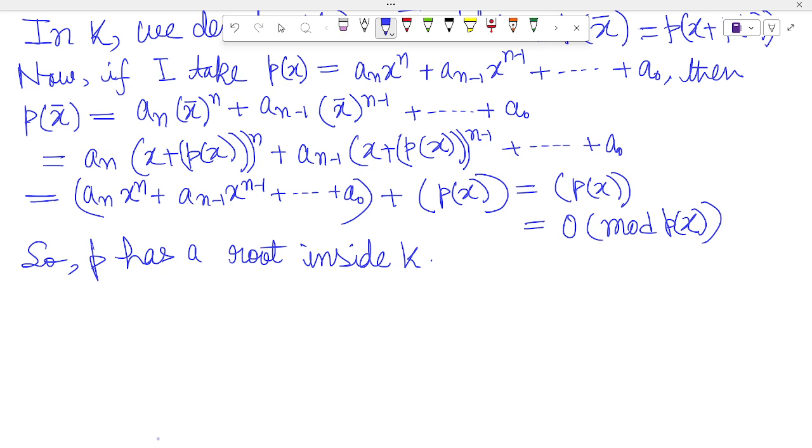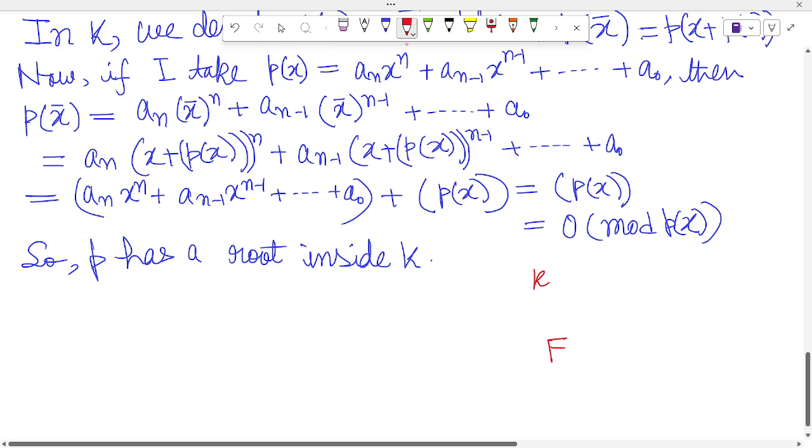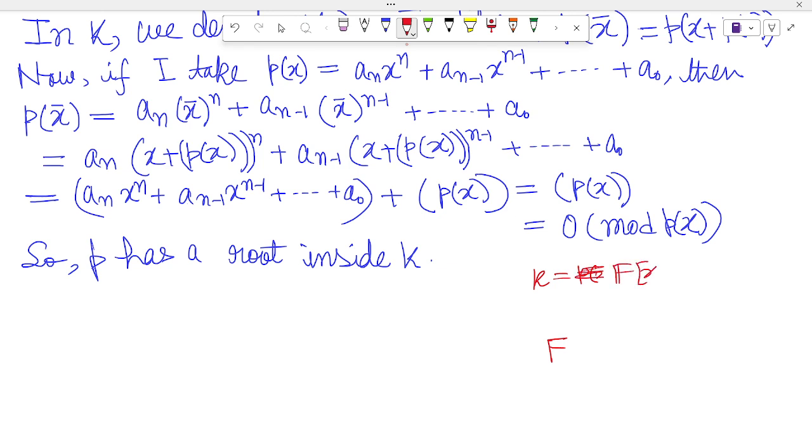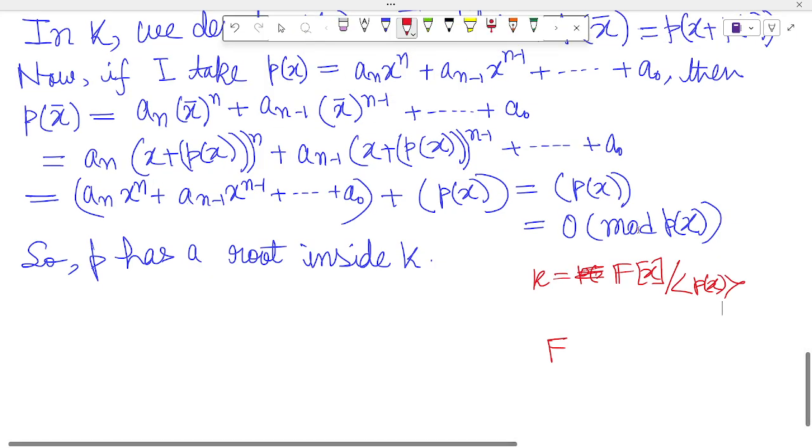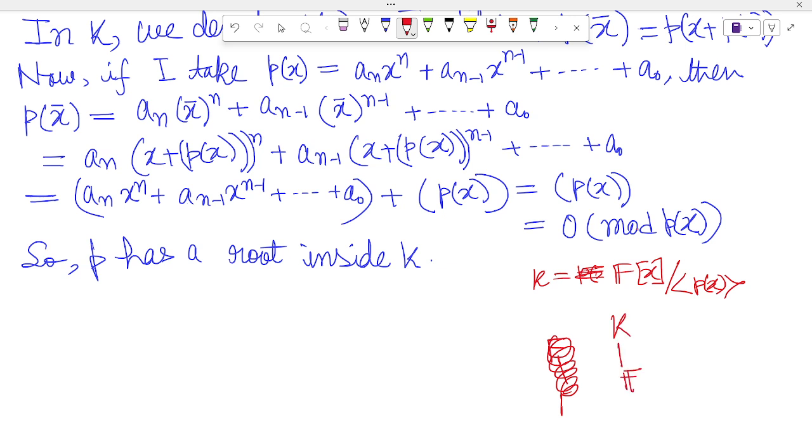The second thing is that I told you that the extension K, which is F[x] mod p(x), is an extension of F. Sorry, K is an extension of F. The extension is either infinite or finite.